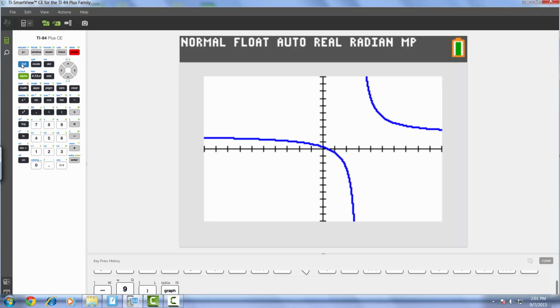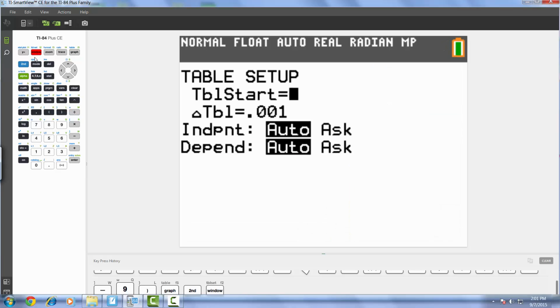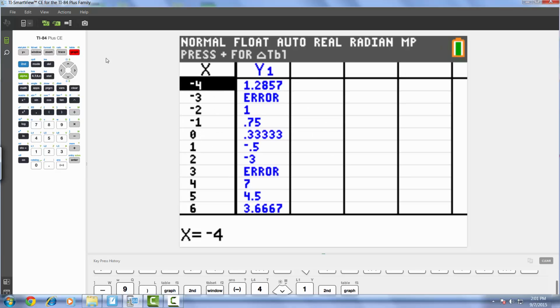Let's go into our table. We're going to hit second, table set. We're going to start our values at -4 and go by ones. There you can in fact see that hole happening at -3.